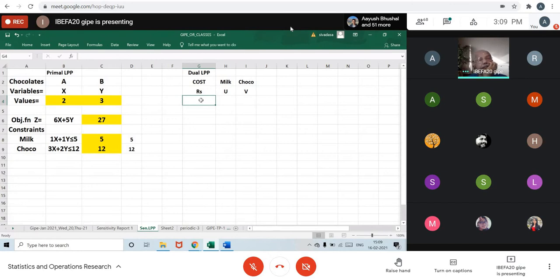Attentive. So this cost for milk is 0, I don't know, and choco also 0, I don't know.